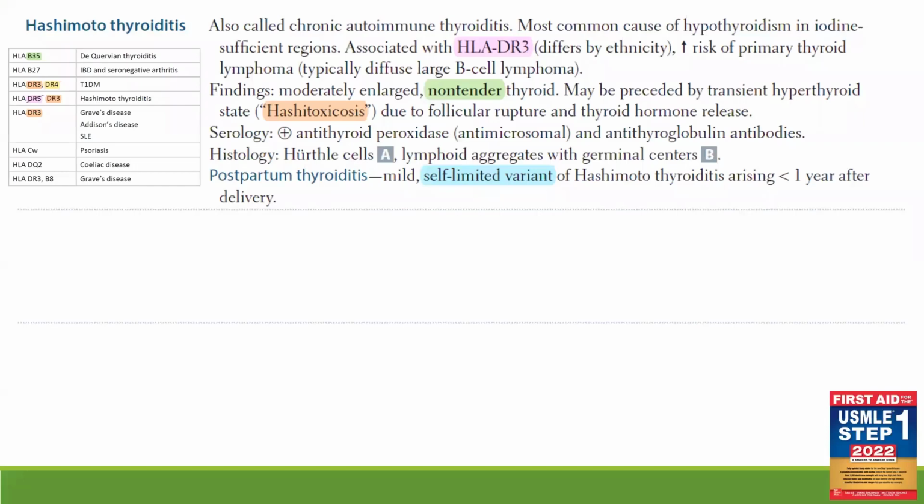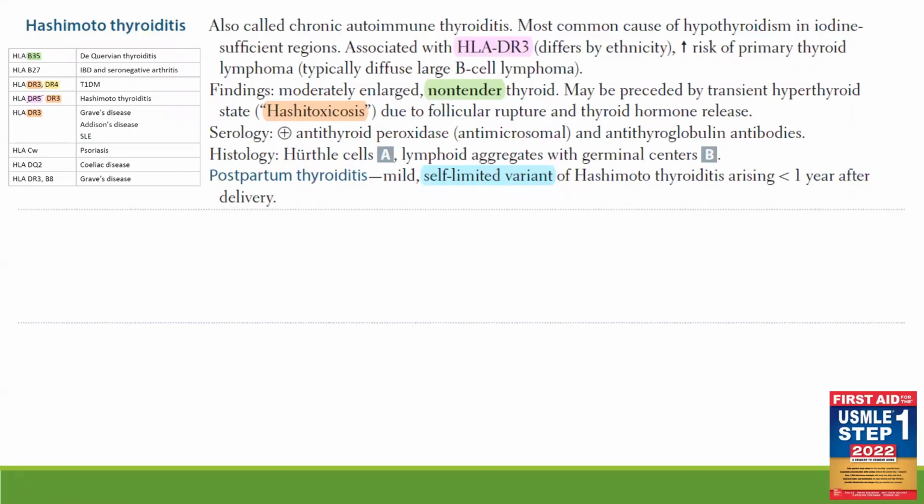So Hashimoto thyroiditis is associated with HLA-DR3. And actually in the session on thyrotoxicosis, I mentioned this table and said that Hashimoto thyroiditis is associated with HLA-DR5. Actually I revised this topic from a lot of sources and found that Hashimoto thyroiditis is associated with HLA-DR3. So please correct this. Hashimoto thyroiditis, Graves' disease, Addison's disease, systemic lupus, type 1 diabetes, all of them are associated with HLA-DR3.